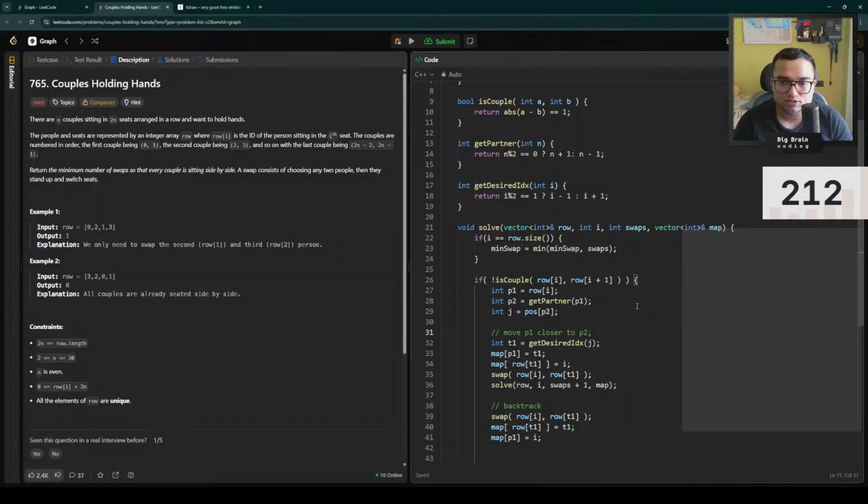Int J is position of P2, which is map. Right. Now if I move P1 closer to P2, I have to find target T1 for J, and then map of P1 becomes T1, map of whatever was present at T1 becomes I.